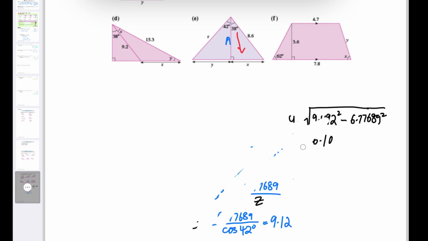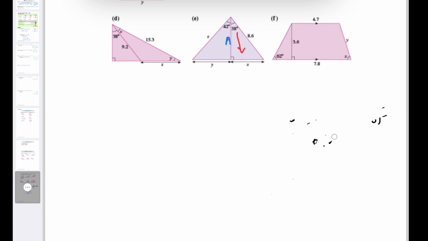Okay, so next we are looking at a trapezium. This trapezium here shows angle x and an angle 62 degrees. Okay, let's see what we can do with that information.